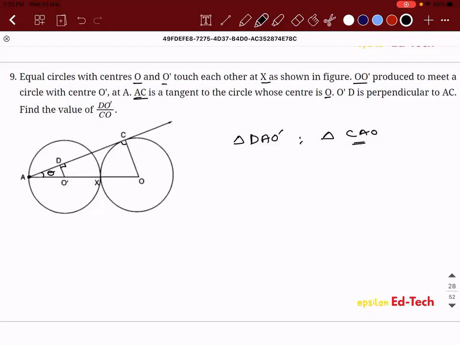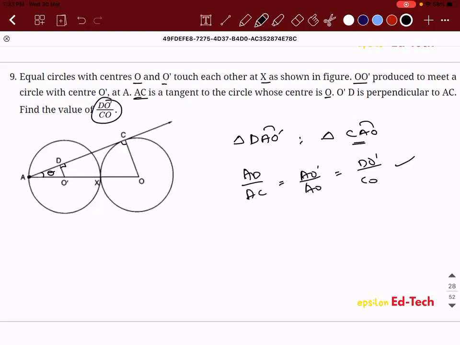How to proceed, guys? Sir, since they both are similar, AD by AC will be equal to AO dash by AO, which is equal to DO dash by CO. DO dash by CO is what they're asking. So what are all the known values here? Sir, since they are equal circles, the radius will be equal.